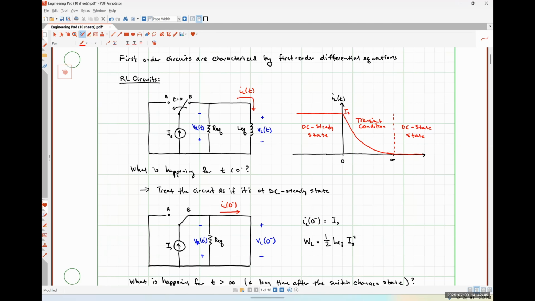Yes. All right, so now I want us to think a little bit about what's going to happen with our inductor voltage and what's going to happen with our resistor voltage.